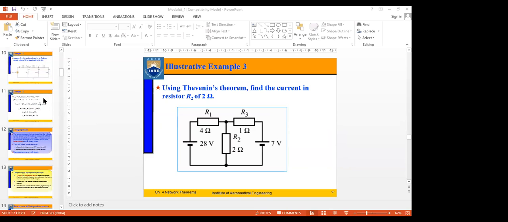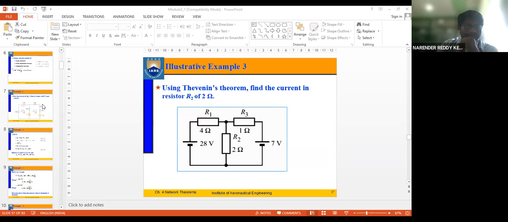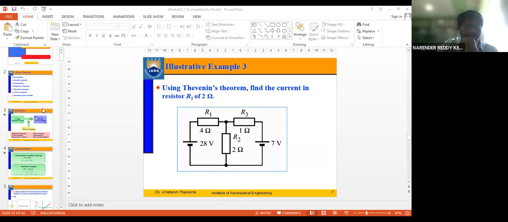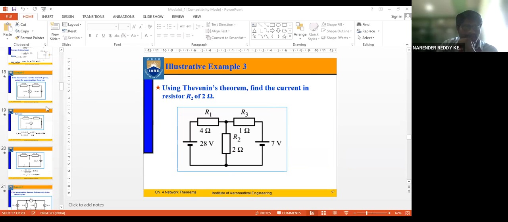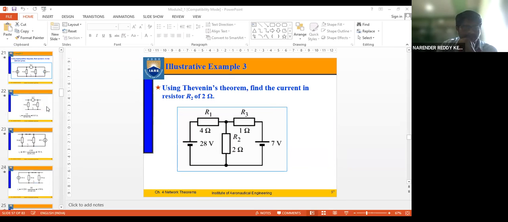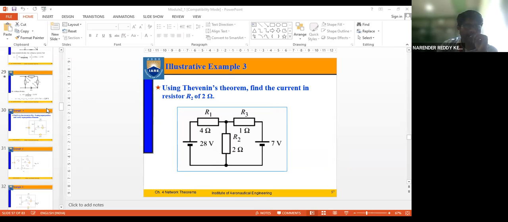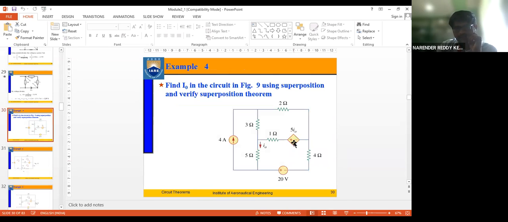Yeah, the last circuit in the superposition theorem examples. So I will just give the hint how he has done it, and we will see whether that can be done here or not.